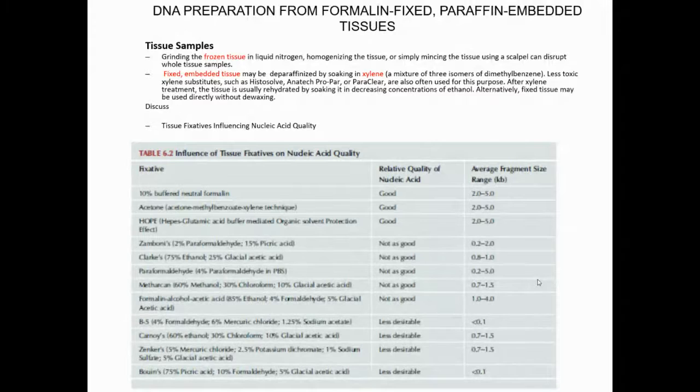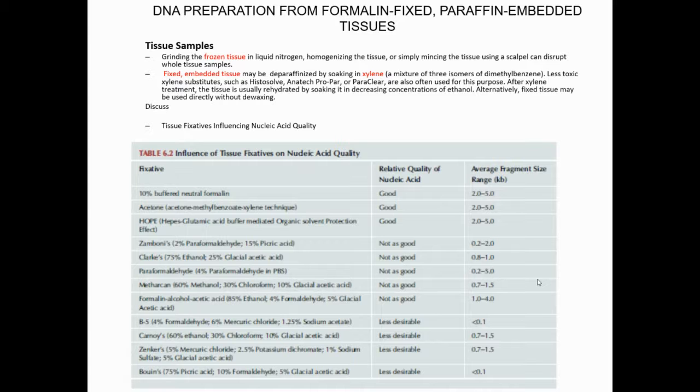And the DNA prepared from the FFPE sample. So as we know, the fresh frozen tissue sample is the best material for isolation of DNA of high quality and quantity, but sometimes the storage of frozen tissue sample is expensive and time consuming.